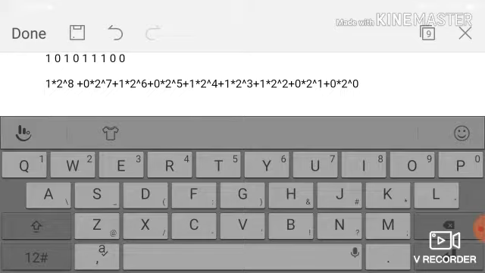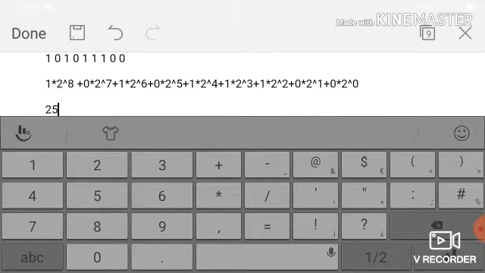So the answer will be: 2 raised to 8 is 256, times 1, so still 256, plus 0 times 2 raised to 7, so it will be 0. Then 1 times 2 raised to 6 is 64, plus 0 times 2 raised to 5 is 0, and then 1 times 2 raised to 4 is 16.